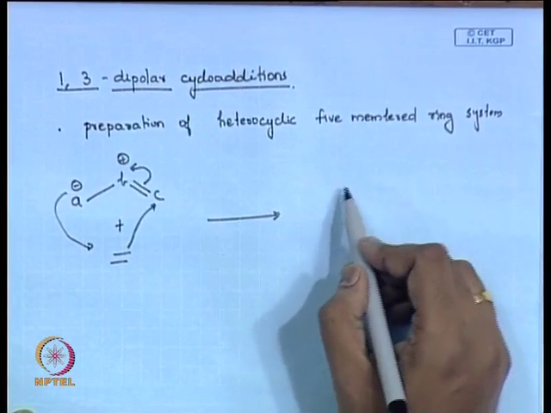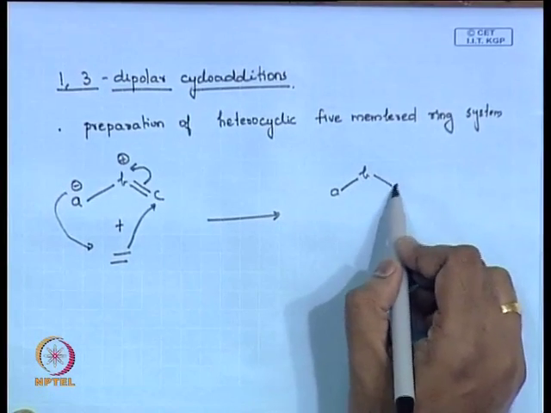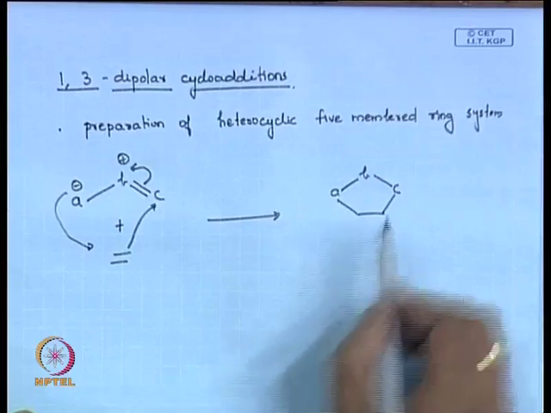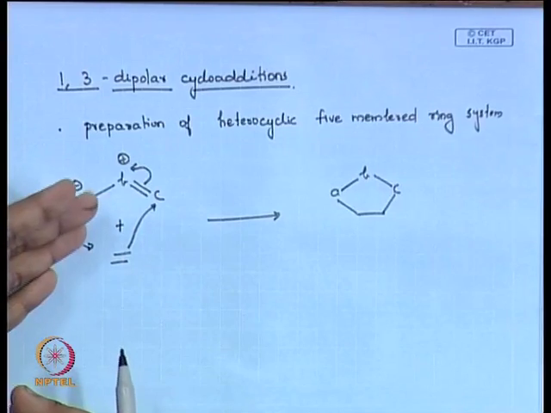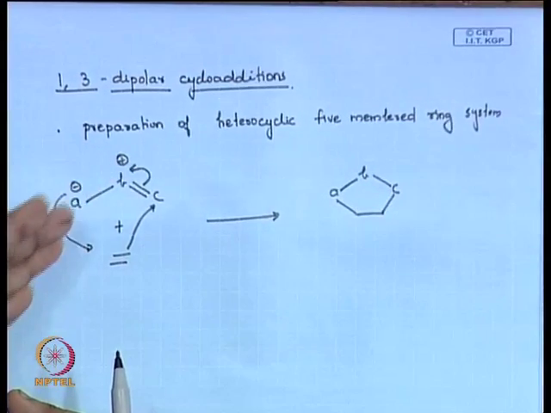With this you end up with a general representation. Your A, B, C can be heteroatoms.